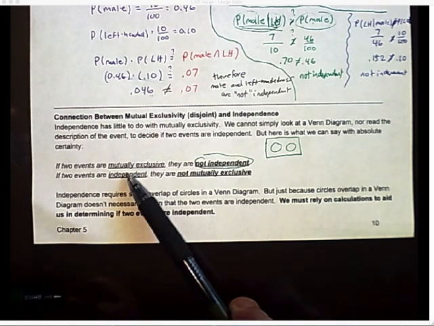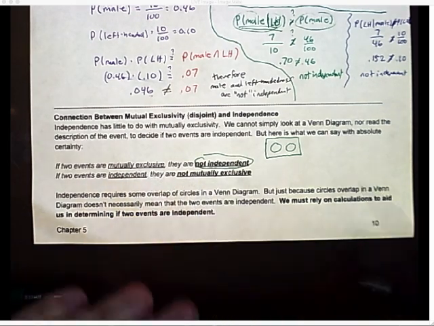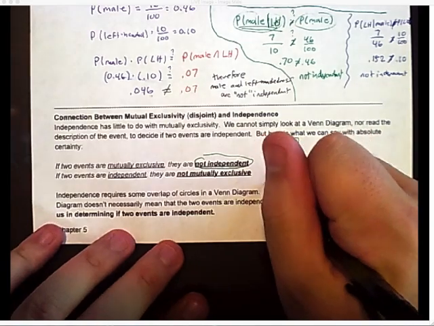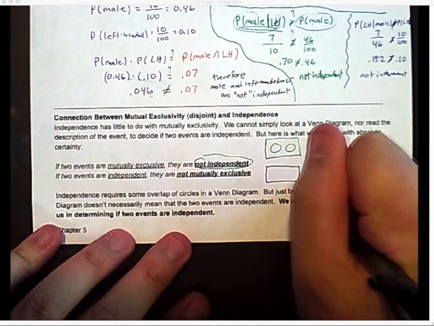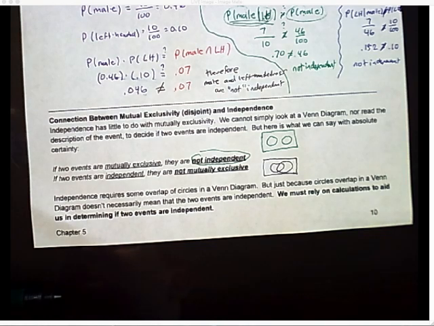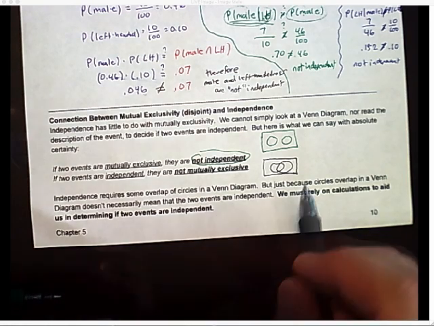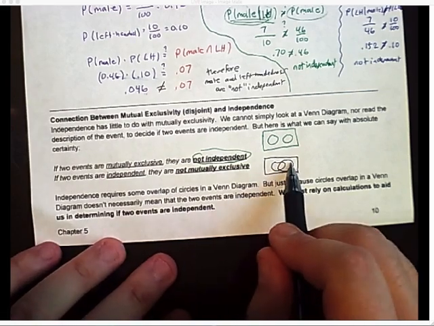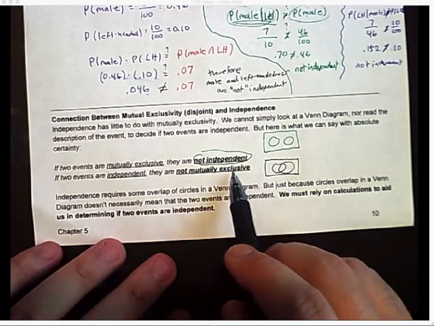Okay? Now, if they tell me that 2 events are independent, they are not mutually exclusive, which means that if I know 2 events are independent, there has to be some overlap of the circles. Okay? But not every Venn diagram where 2 circles overlap means that there's independence.